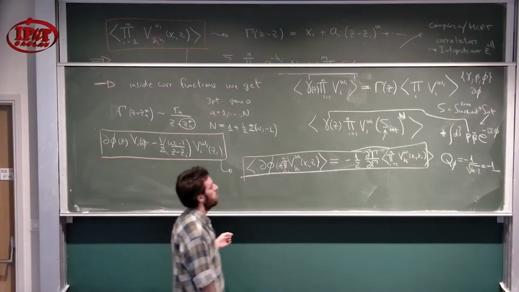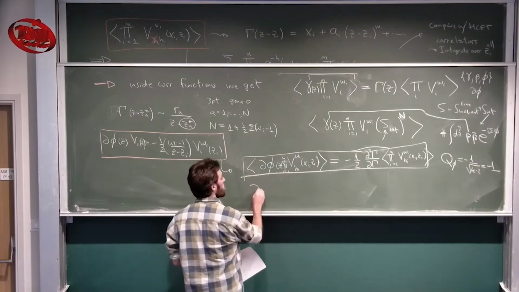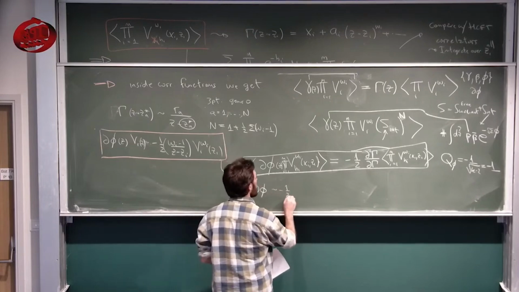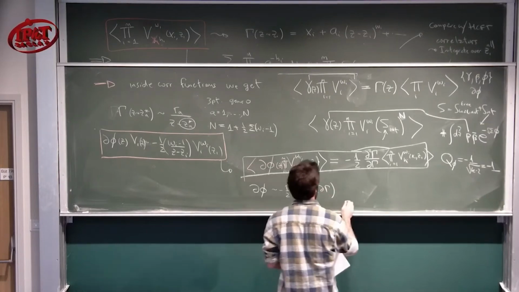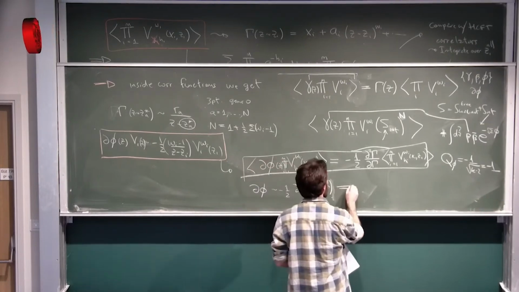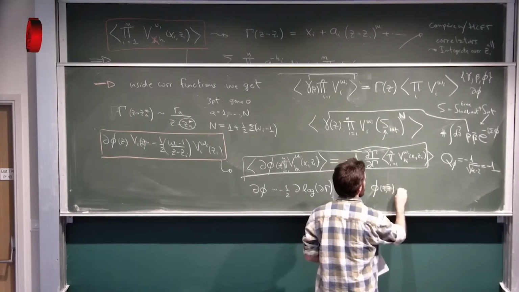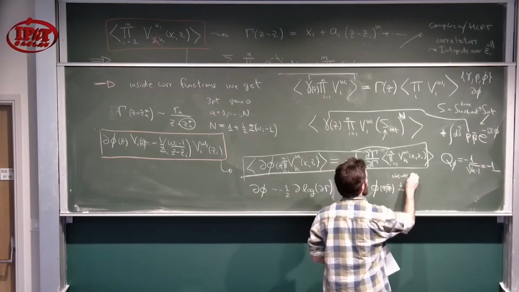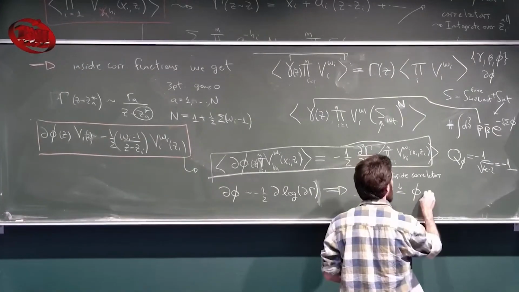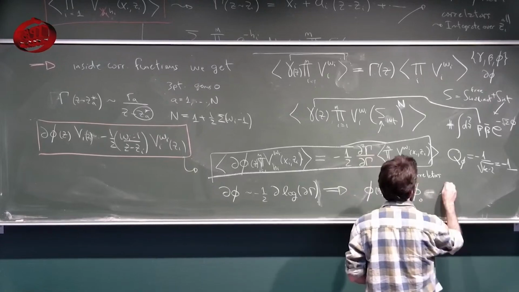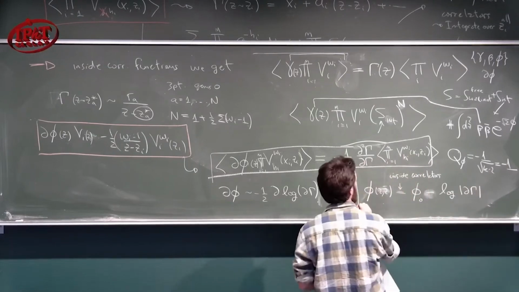Okay, so this seems kind of not so easy to interpret, but then you know that if you take this identification seriously, so this being minus 1/2 the derivative of the log of gamma, then you can show that for the actual field phi inside the correlator, you can identify that this should be phi 0 plus, minus in this case, the log of the absolute value of the derivative of the covering map.